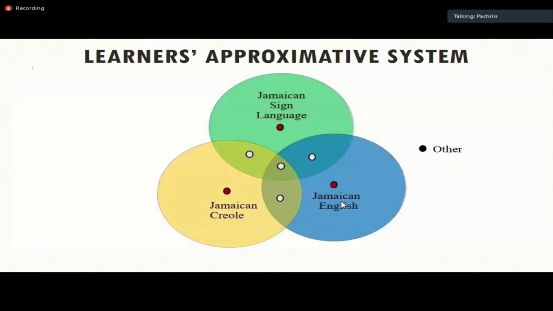And the dot that says other represents home sign or ASL, if the students were exposed to that. So I'm using this to say that the writing samples that would be examined are likely to show influence from all of the languages in contact, depending on the student's hearing loss or their competence in English or their L1.